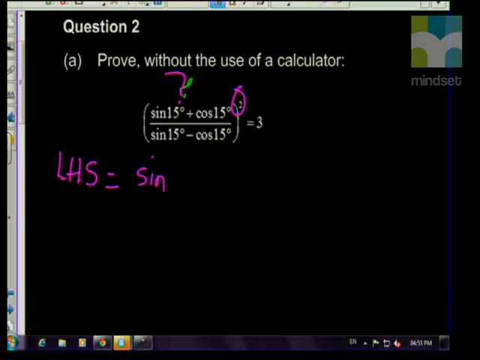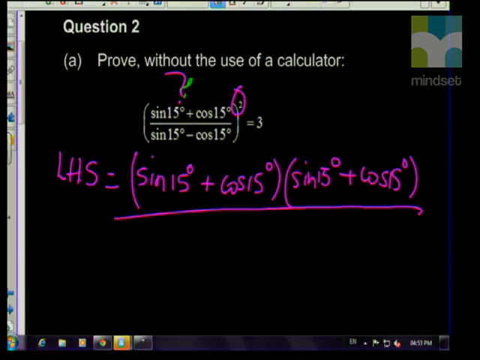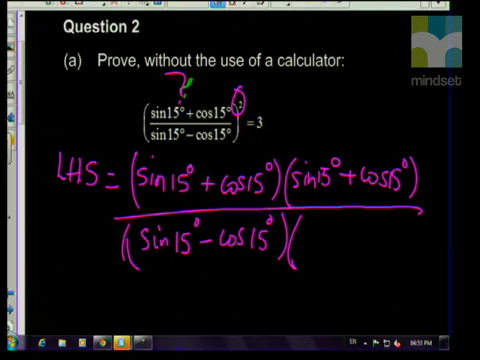I've got the sine of 15 degrees plus the cos of 15 degrees times the sine of 15 degrees plus cos 15. This is all divided by sine of 15 minus cos 15, close bracket. Then we have sine of 15 again minus cos of 15.